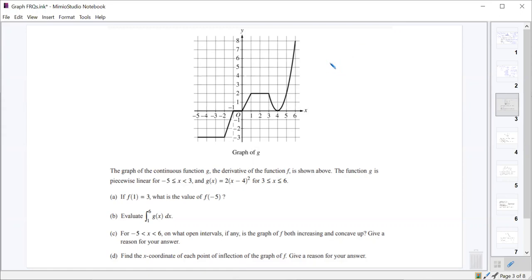And so in order to figure out any of these values with negative 5s and 1s, we just need to set up an integral that says that the integral from 1 to negative 5 of g of x ought to equal f of negative 5 minus f of 1. You guys all agree with that?